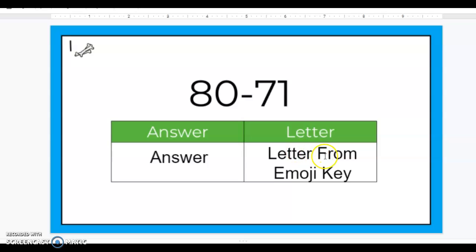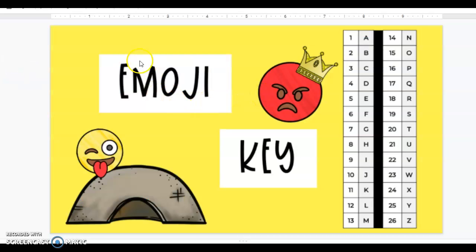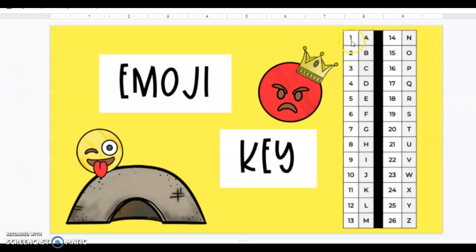Your answer, letter from emoji key. Okay, so 80 minus 71. Here's your key, sorry. Okay, 80 minus 71, whatever that answer is, you're going to find it here in whatever letter. So if that answer is 3, and it's not 3, I'm just giving you an example.